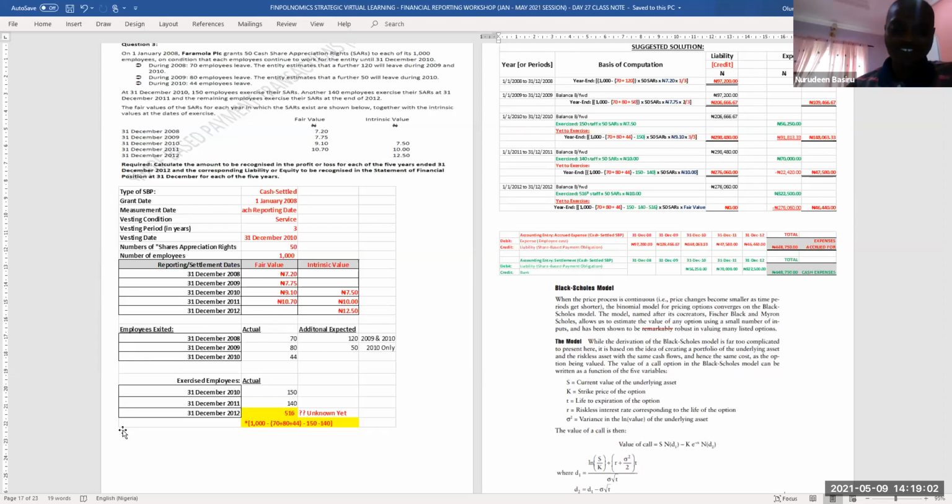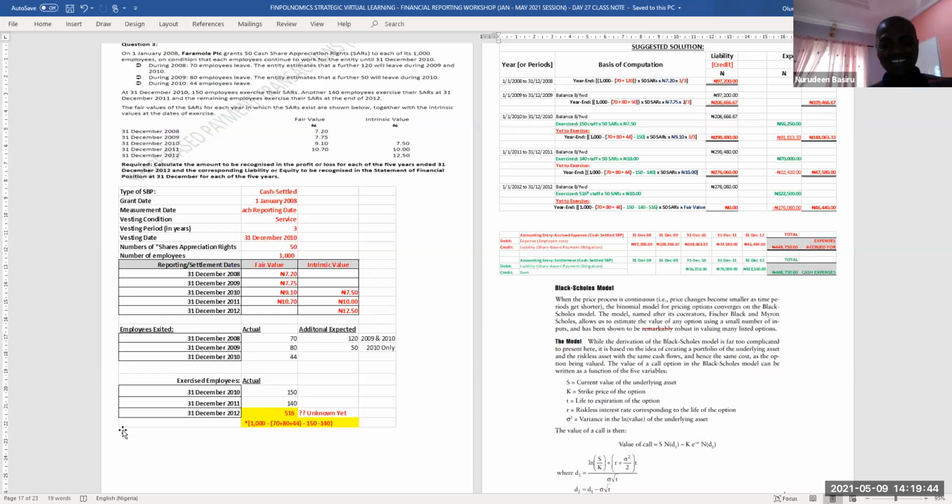Another one? Yeah, thank you very much, Mr. Muiwa. In fact, having gotten this knowledge yesterday, I was full of joy to understand the concept of share-based payments more than I did before. As a matter of fact, I had it in my dream that I was solving questions on share-based payments. But we were given three exercises to deal with yesterday, and I encountered a challenge when solving the first one.